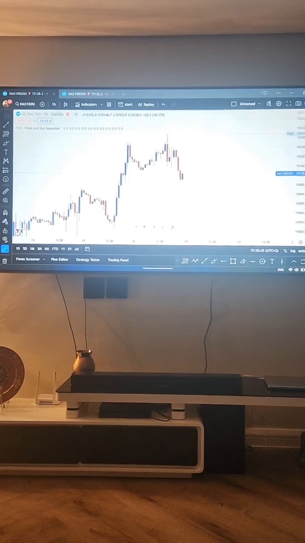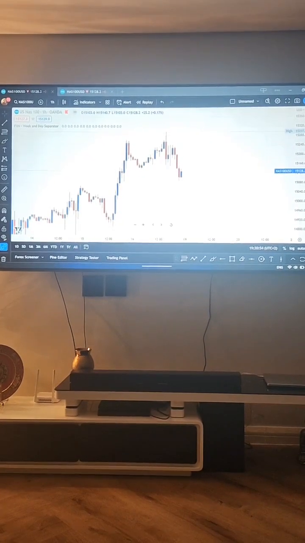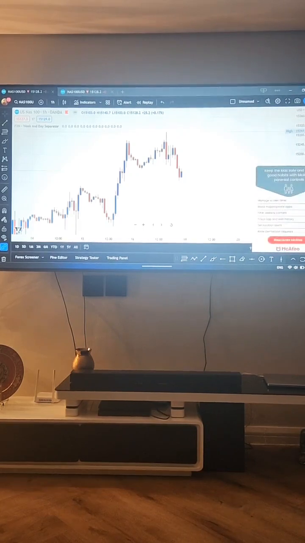In order to understand liquidity, you need to understand that there's a buyer and a seller in a market. In any business, there has to be a buyer or a seller to make your money. If there's a buyer in the market and there's a seller in the market, then obviously we call this supply and demand.